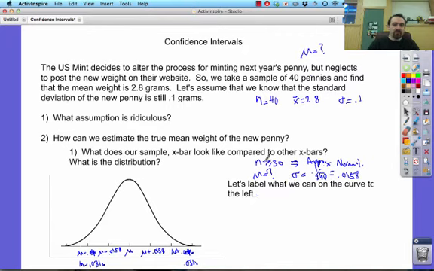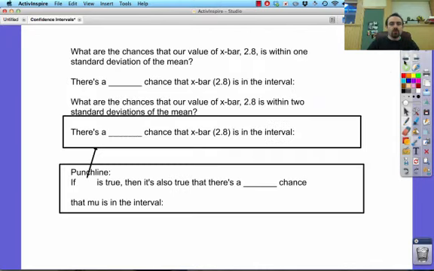It's a normal curve because we have n bigger than 30. We know the standard deviation is 0.0158. We don't know the mean. Okay, so the question now is what are the chances that our value of x bar, which is 2.8, is within one standard deviation of the mean? What's the chance on a normal curve that a value is within one standard deviation of the mean?